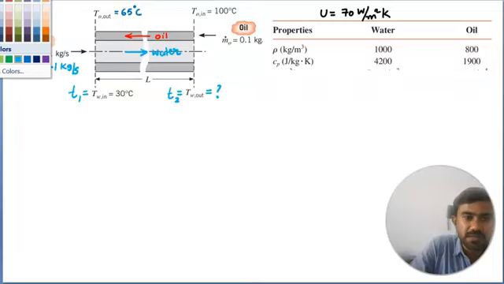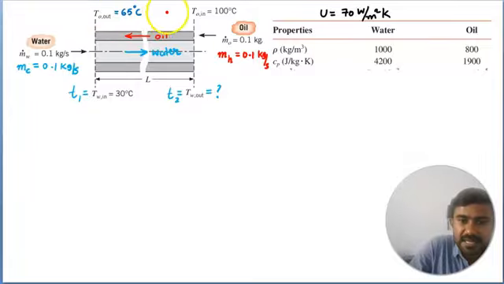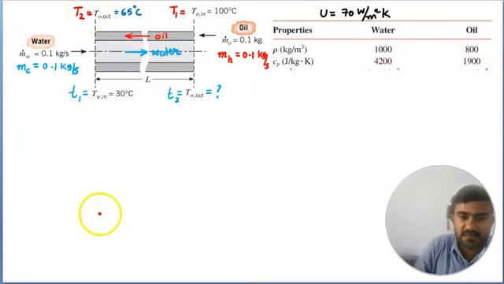And for the hot fluid, we'll do similarly. Mass flow rate of the hot fluid is 0.1 kg per second. And this is the entry temperature, so this will be capital T1 and this will be capital T2. So we'll write it in the data book notations so that it's easy for us.